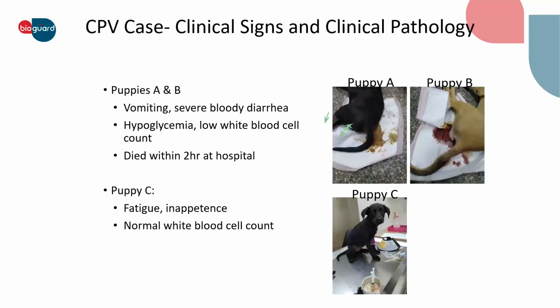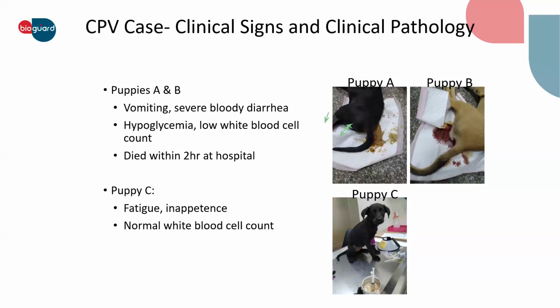And when those puppies arrive at the hospital, puppies A and B have more severe clinical signs. The vet observed vomiting and severe bloody diarrhea.